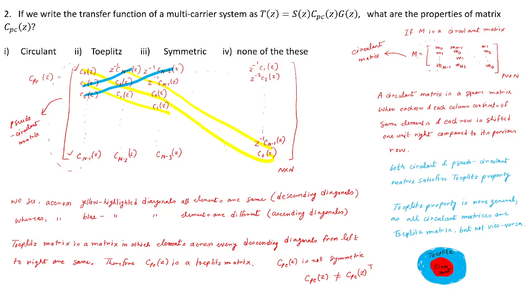Transpose means your columns become rows and rows become columns.